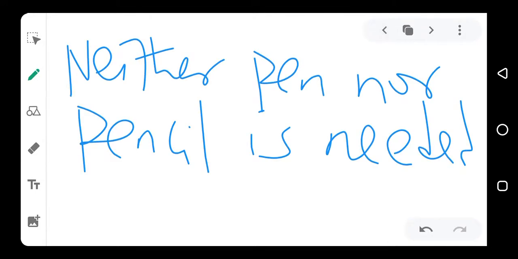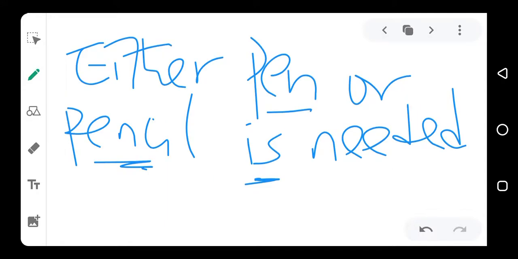In these examples, pen is singular and pencil is singular. But when maybe the pen is singular and pencil is plural, the rule will change. This rule applies only when the two subjects are singular. But if one of the subjects is plural, the new rule is that the verb agrees with the nature of the closest subject.